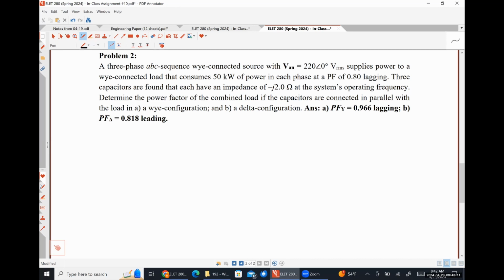And I want us to determine the power factor of the combined load, by that I mean the load and the capacitor bank together, if the capacitors are connected in a Y configuration or a delta configuration. So this is a similar problem to the last problem from our last ICA, where we're using our relationships kind of backwards in order to sort things out.